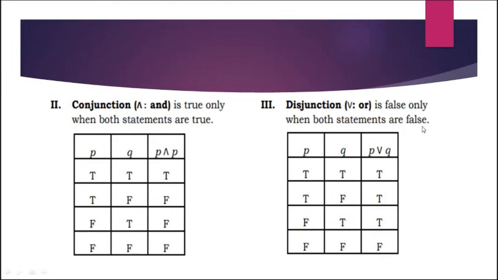So we have true, true, true. True, false, true still. False, true, true still. False, false, and then we are going to have false. It is the opposite of the AND statement.